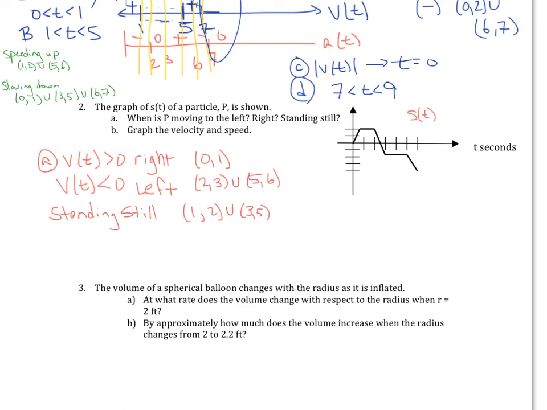Okay, for part B, graph the velocity and the speed. So when I'm graphing velocity and speed on these, let me explain something to you guys. Remember, velocity is what actually is happening, and I'm going to put it right underneath here, v of t. And then the other one I'll do right underneath here as well, and I'm going to do speed.